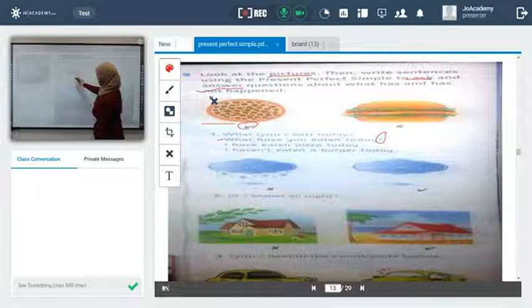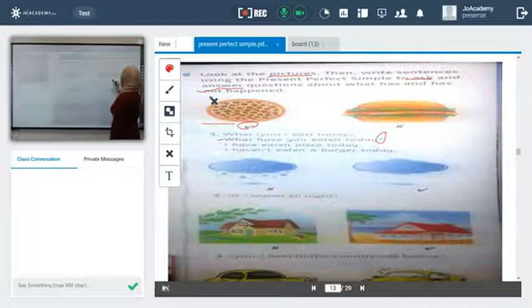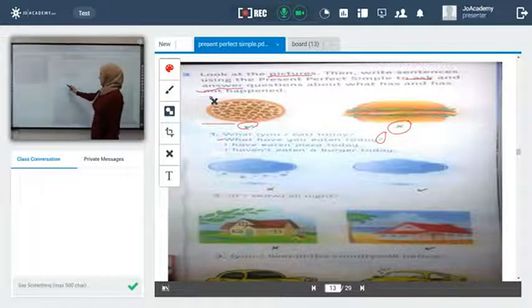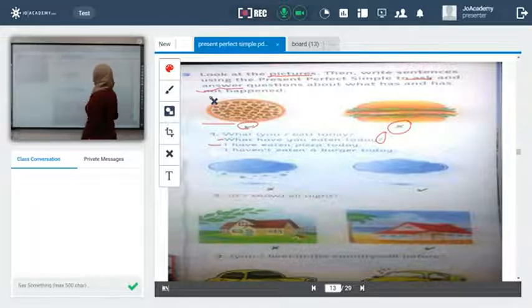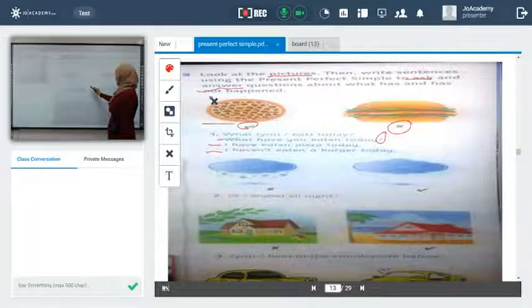So that means he ate pizza, not a burger, right? We have a cross here. So he hasn't eaten a burger. So what do I say? I have eaten pizza today. This is the affirmative sentence. And here, I haven't eaten a burger today.